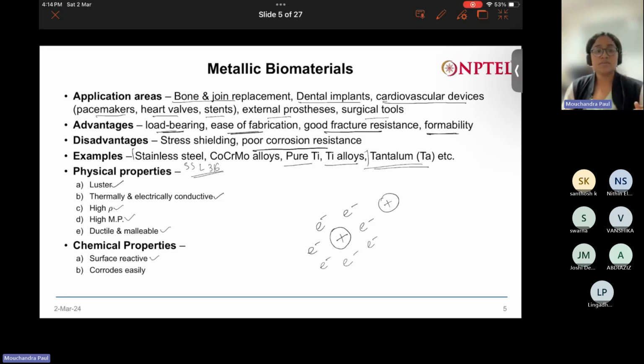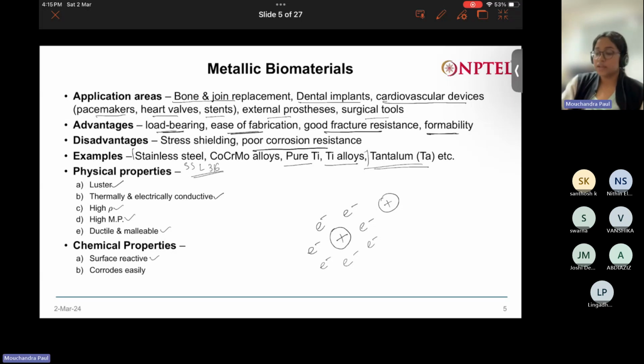So when some reagent or any body fluid starts to corrode, the electrons on the surface become much more active, and they participate in various kinds of reactions, which is why you see various metals, even stainless steel, can have rusting. The phenomenon of rusting happens because metals have highly reactive surfaces.